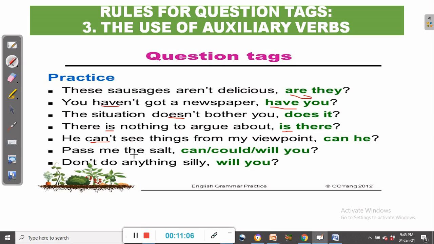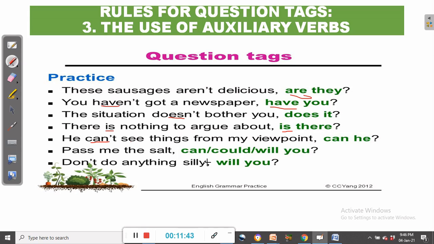Pass me the salt. All right, so of course this has to do with a request or an imperative, and we use the appropriate auxiliary verb in place of that. Pass me the salt. Can you, or could you, or will you? So any of these can be used, and each of them is an auxiliary verb.